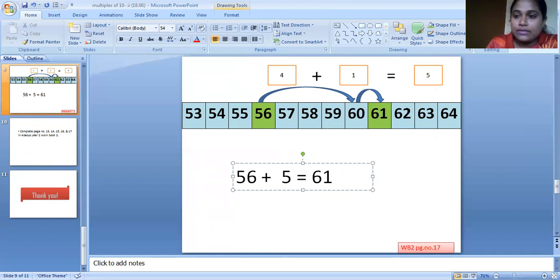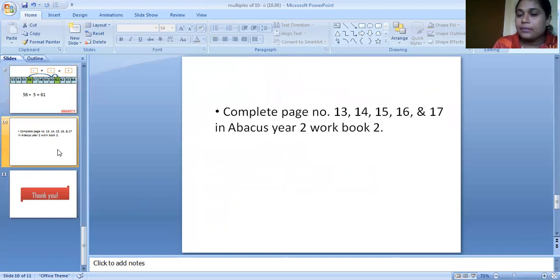Now I think it's a little bit clear for you all because we have already done these concepts, number bonds to 10 and also next complement of 10, in our previous lesson. And today I have completed more activities in all these pages and you have to complete the balance. I have explained some activities in each and every page and there is a balance for you to complete.